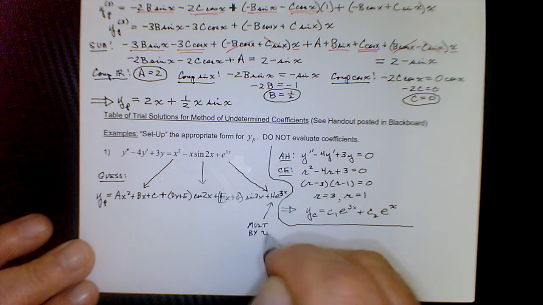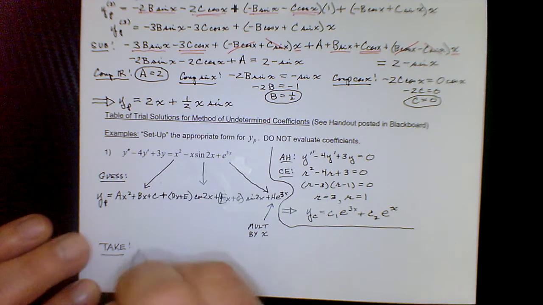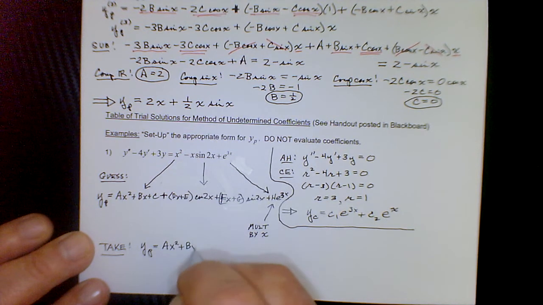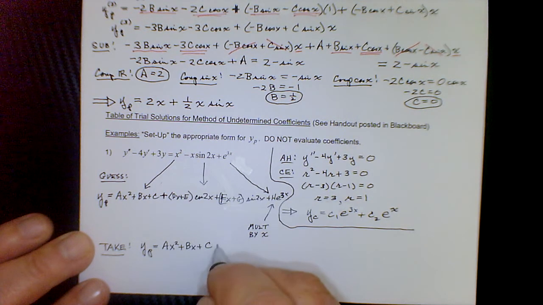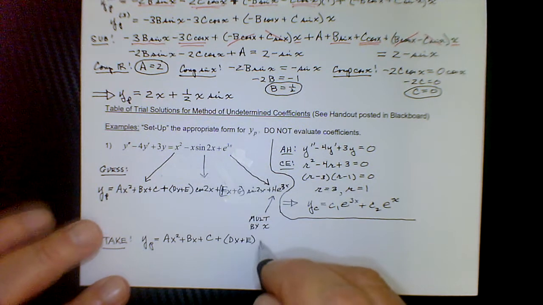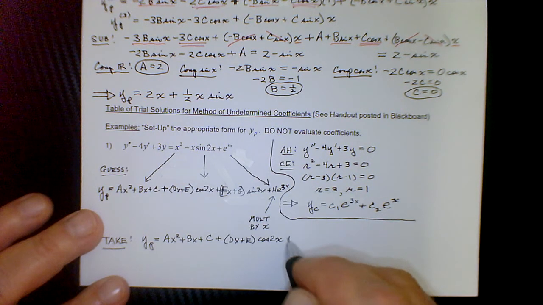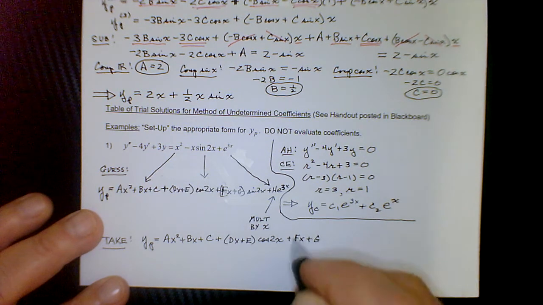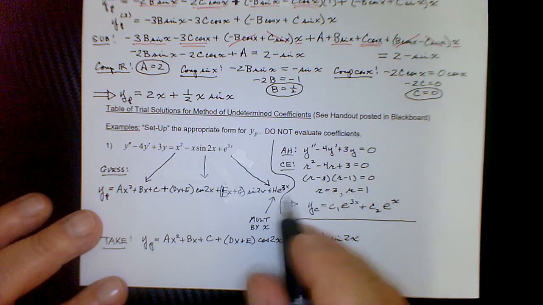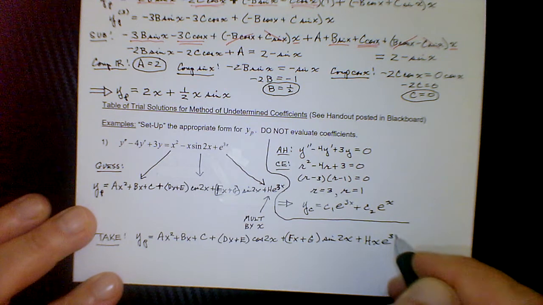So we're going to take our y sub p then to be ax squared plus bx plus c, plus the quantity dx plus e times the cosine of 2x, and then plus the quantity fx plus g times the sine of 2x, and then this h e to the 3x gets multiplied by x, so let's say hx e to the 3x.